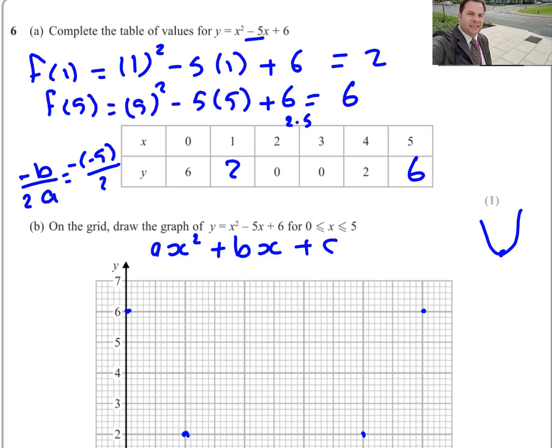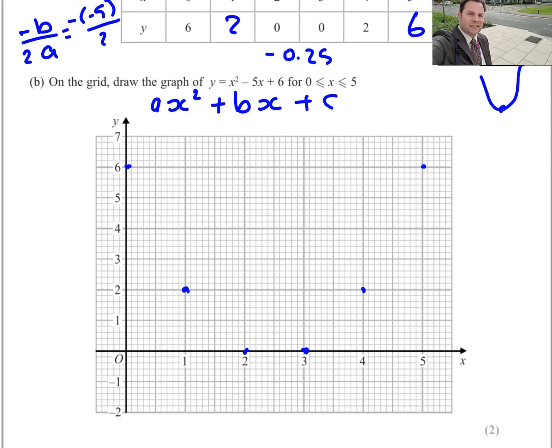If you write 2.5 squared minus 5 times 2.5 plus 6, the answer is negative 1 over 4, or negative 0.25. So it's better to identify the vertex of the curve exactly: 2.5 and negative 0.25. Now you can join the curve.